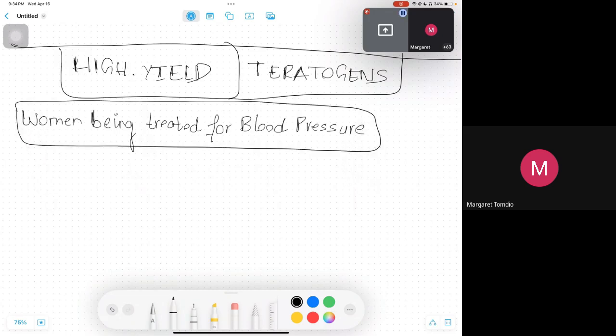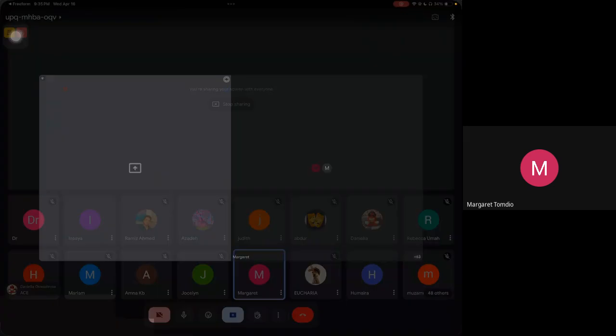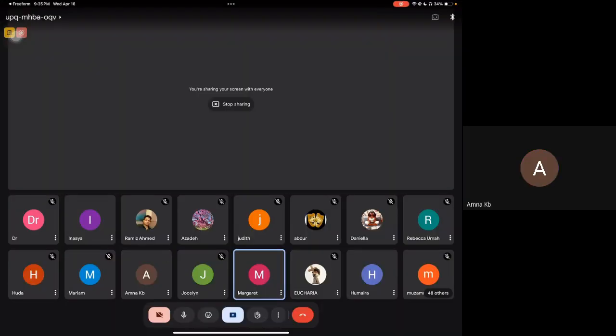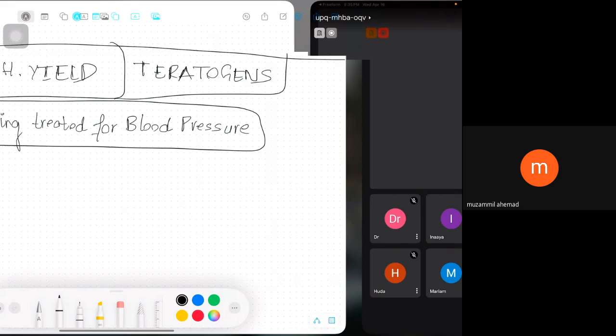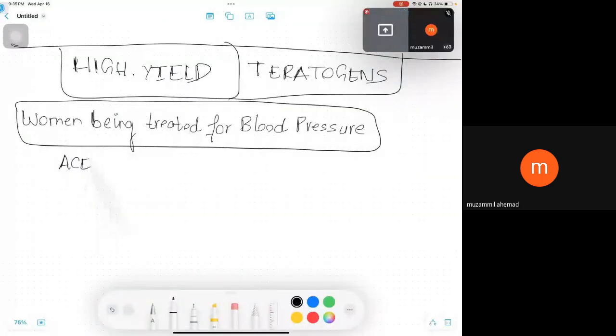What teratogen can you think of? ACE inhibitors. Yes. So basically, it will be ACE inhibitors.